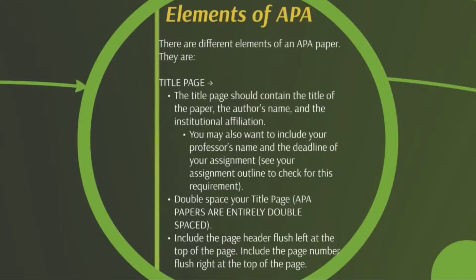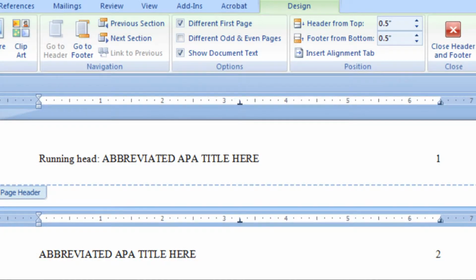Remember, APA papers are entirely double-spaced. Include the page header flush left at the top of the page. Include the page number flush right at the top of the page. A header is the title you've given your paper, plus the words "running head:" appearing before the title on the first page. The running head after the first page only needs to include the title.